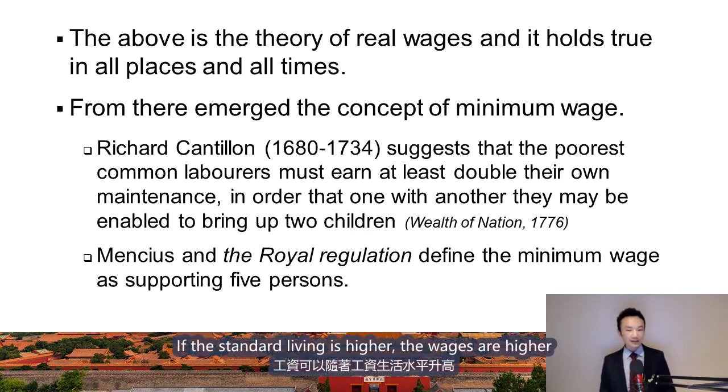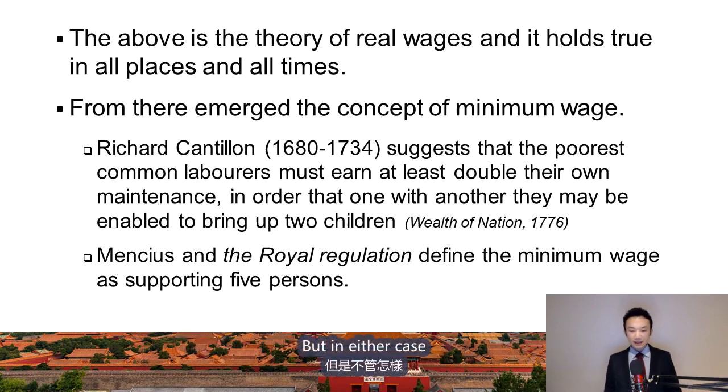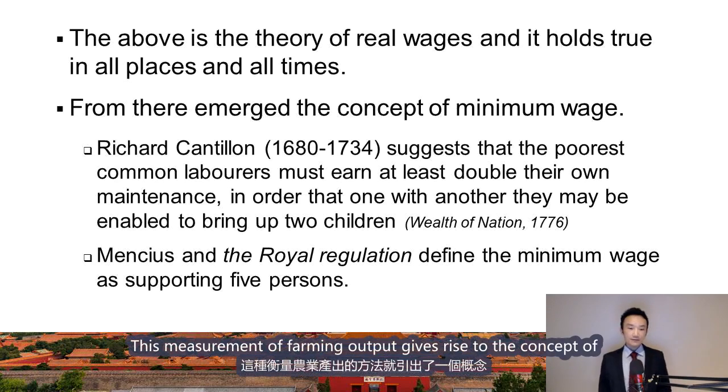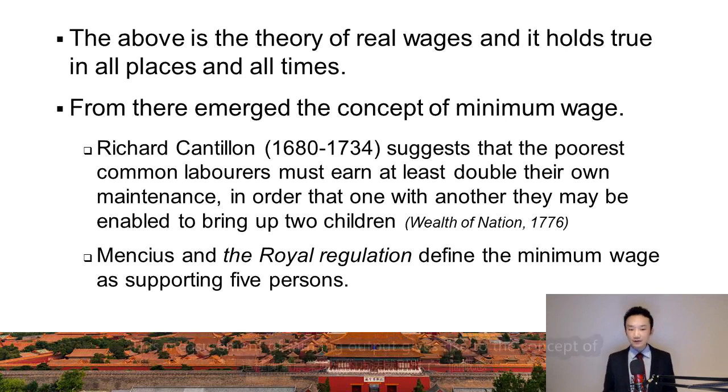If the standard of living is higher, the wages are higher. Otherwise, it becomes lower. But in either case, the lowest wage in the scale must be sufficient to support 5 persons. Now, this measurement of farming output gives rise to the concept of what is called the minimum wage.